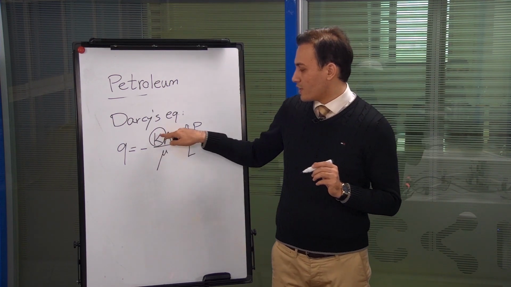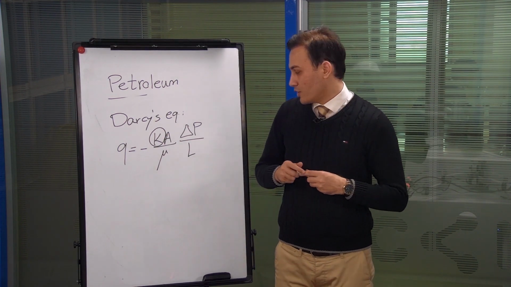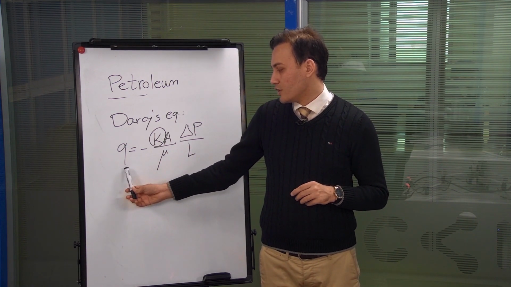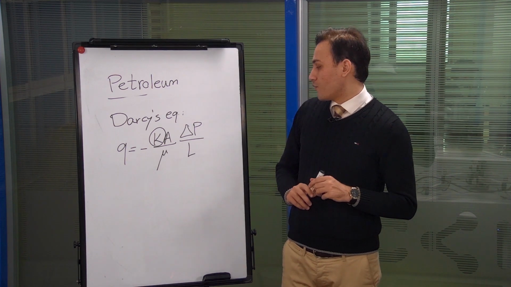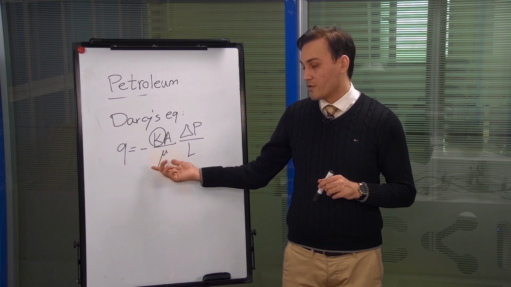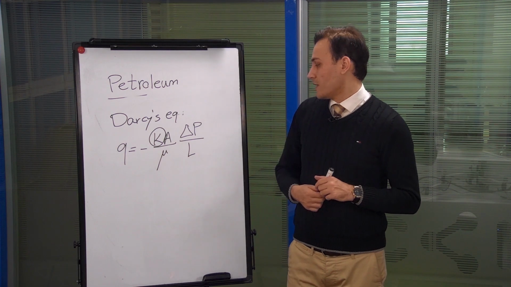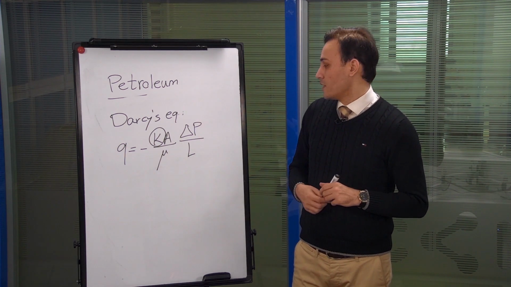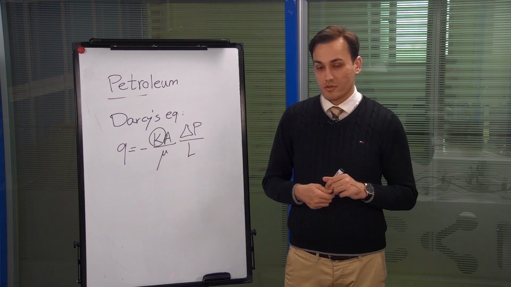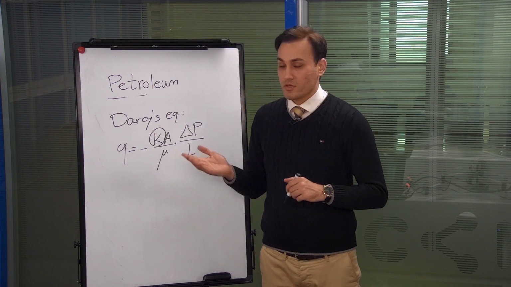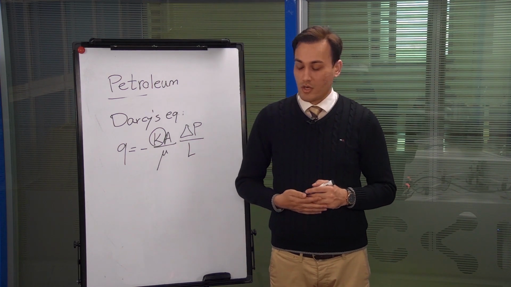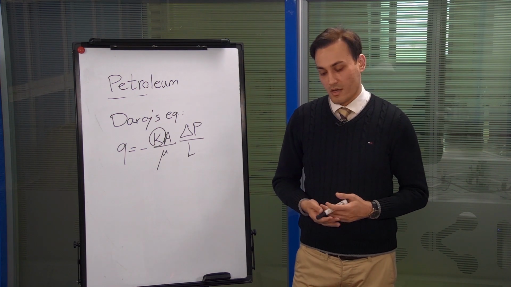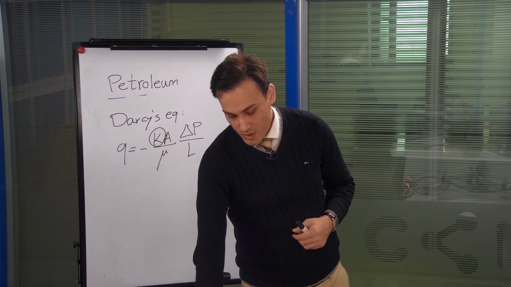If we have a rock with 1 Darcy permeability, we will have a flow of 1 cubic centimeter per second, if we have a fluid with a viscosity of 1 centipoise, and if we apply a pressure gradient of 1 atmosphere per centimeter, and if the cross-sectional area is 1 square centimeter, then the permeability is 1 Darcy. So for that, we used this equation to define the 1 Darcy.